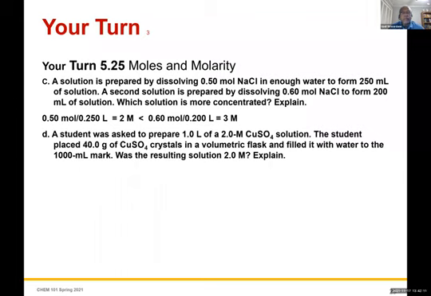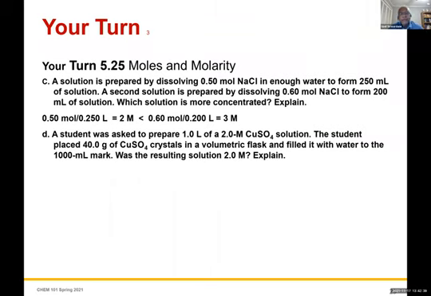A student was asked to prepare 1 liter of 2 molar copper sulfate solution. The student placed 440 grams of copper sulfate in a volumetric flask and filled it to the 1000 milliliter mark. Was the resulting solution 2 molar?